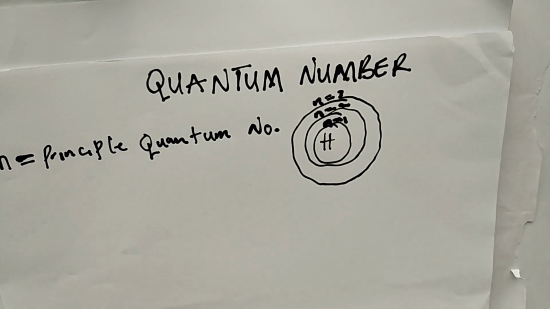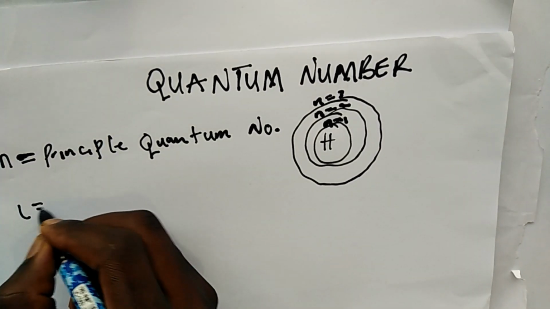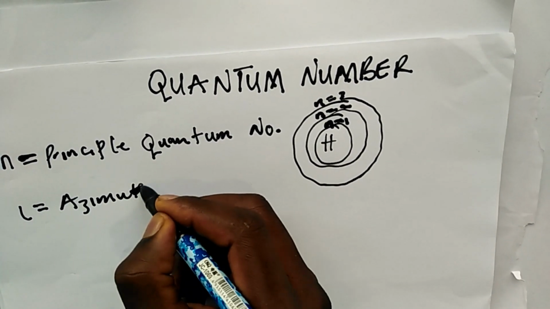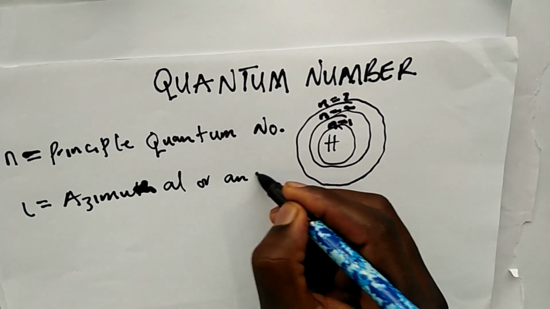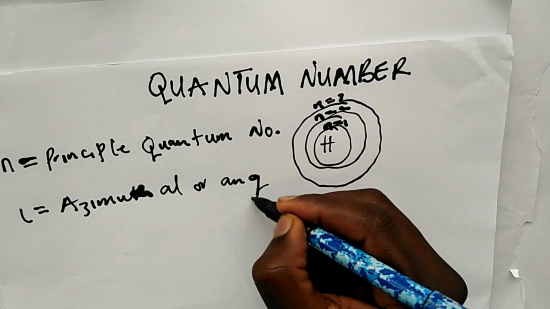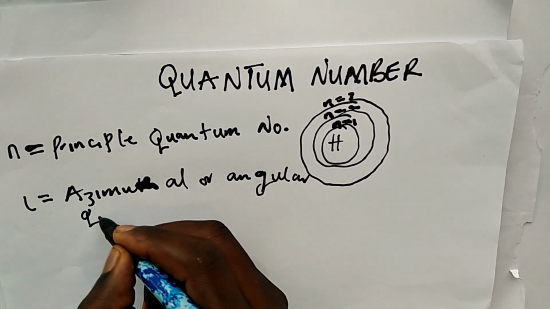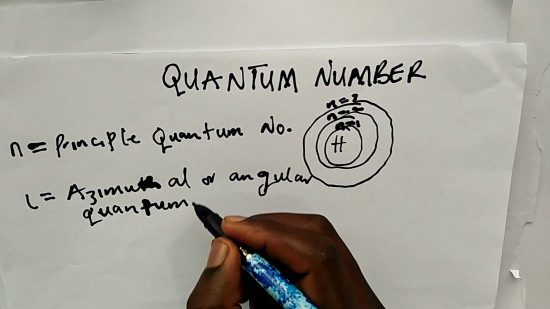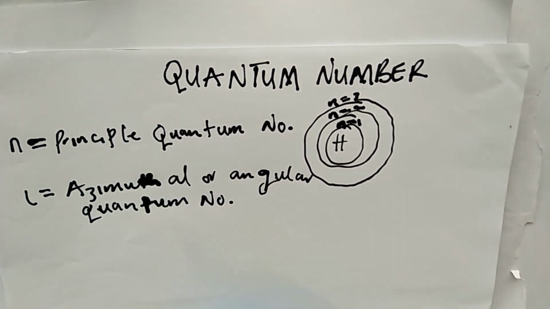Next, we have the azimuthal quantum number, or the angular momentum quantum number, and it's represented with the symbol L. We have the azimuthal or angular quantum number.